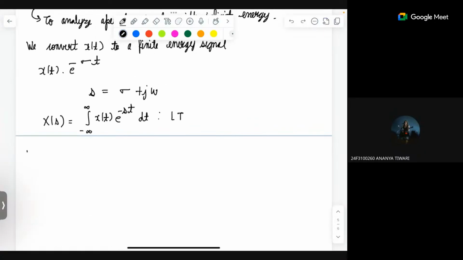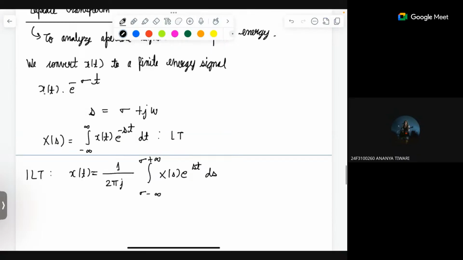So this was the Laplace transform. Similarly, the inverse Laplace transform equation is x(t) is equal to 1 upon 2 pi j times the integration from sigma minus infinity to sigma plus infinity of X(s) e raised to the power of st ds.